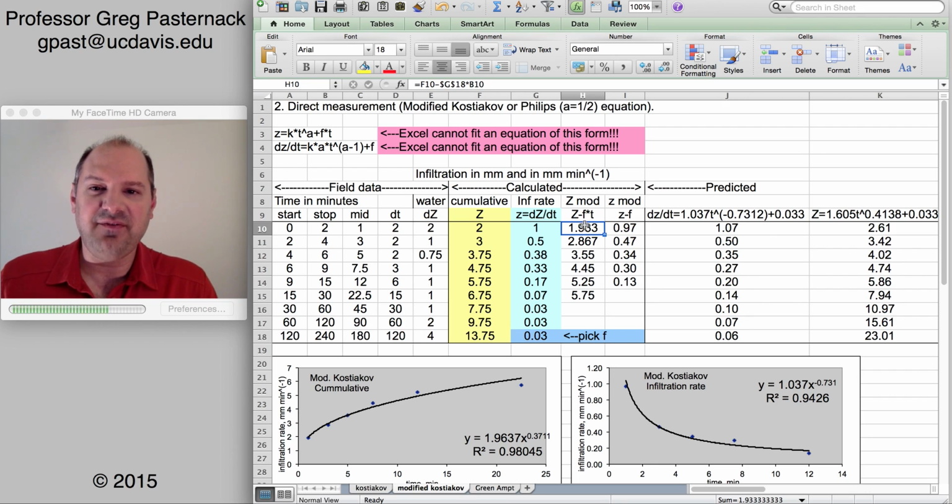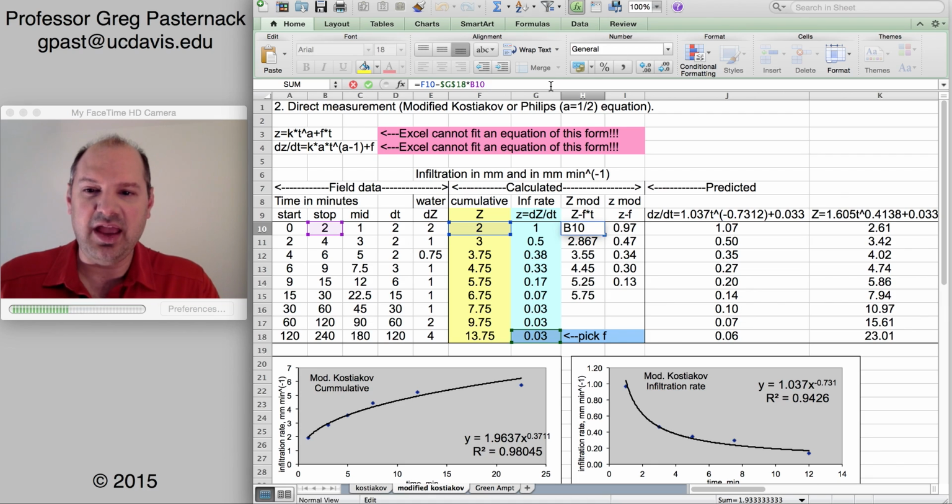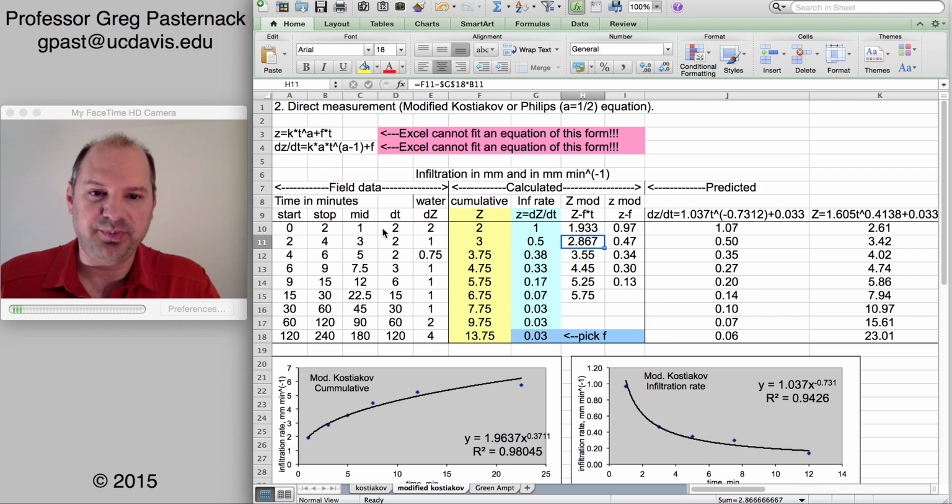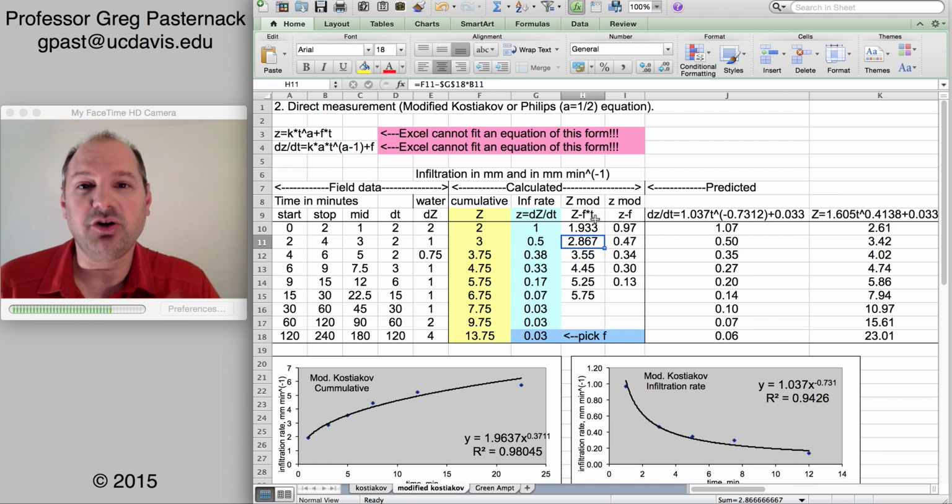Once I've set f, then it's pretty easy to just say, okay, calculate, let's see, well, this should be on dt. No, it's at that time. That's fine. That's okay. So we're looking at the cumulative infiltration minus the steady state rate through time to the total time that we're up to at that moment, which is why the stop time is appropriate there.